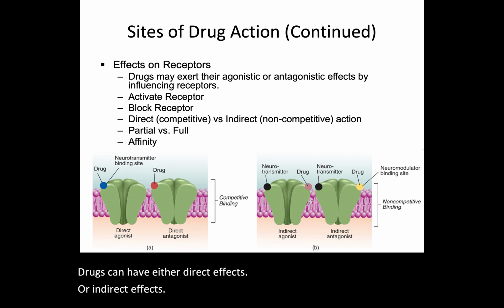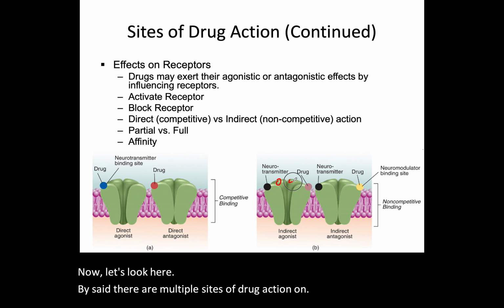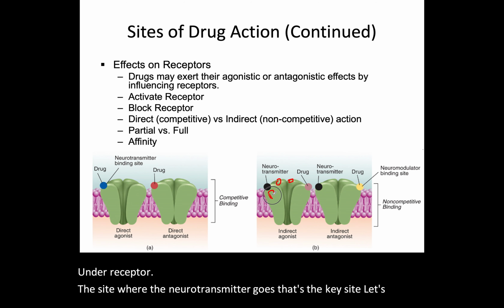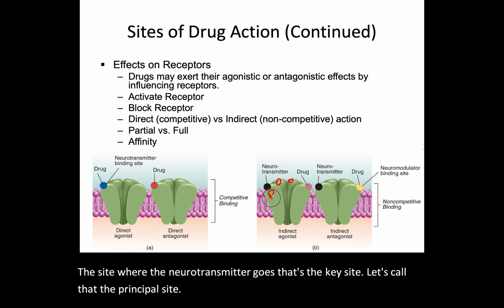Now, drugs can have either direct effects or indirect effects. Now, let's look here. Remember I said there are multiple sites of drug action on a receptor? Well, the site where the neurotransmitter goes, that's the key site. Let's call that the principal site. But there are these other sites.